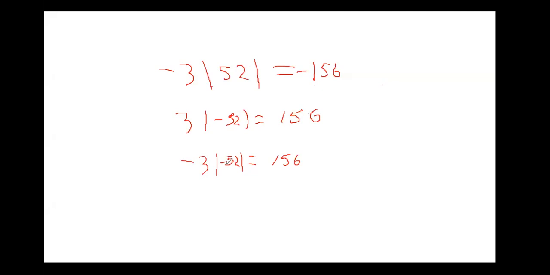And then this one down here is the same as number 1, because the absolute value of negative 52 and 52 are both going to end up being 52. And so that's going to end up being 52 times negative 3, so that'll end up being negative 156. Okay, because it's all determined by the negative 3.